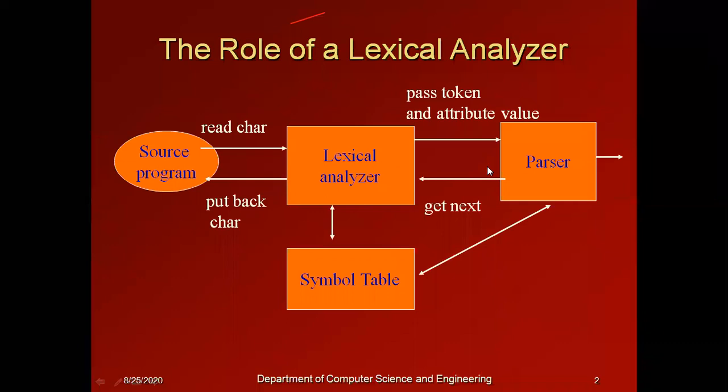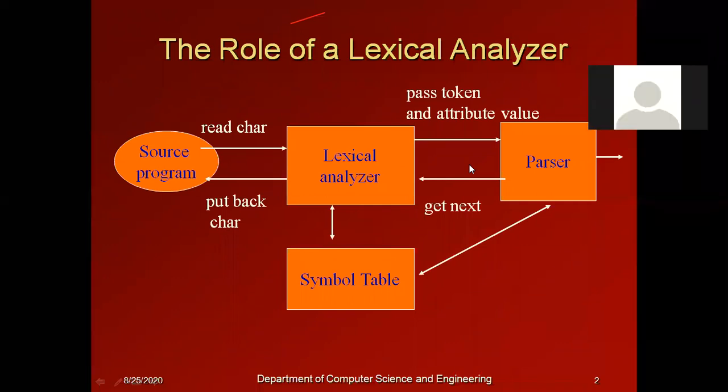So the role of the lexical analyzer in the compilation process is to get the input from the source program, convert that source program into a stream of tokens, and pass them to the parser.